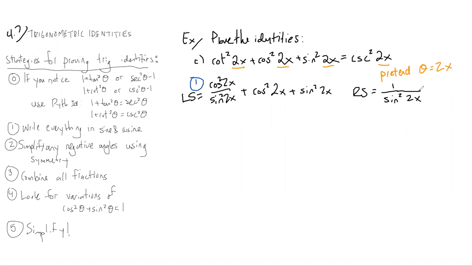And so what I'm going to want to do now, I don't have any negative angles, and still all of the angles are the same. But what I can do now is combine all the fractions. So what I'm going to do is combine the left side over sine squared.